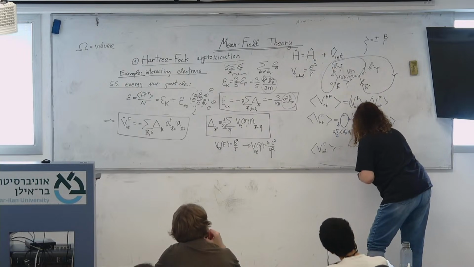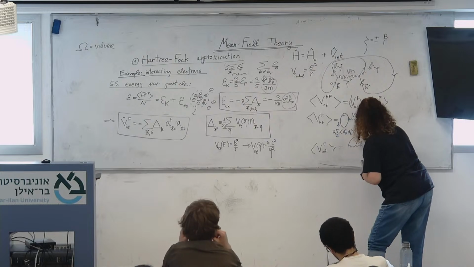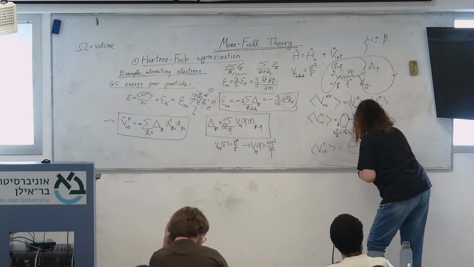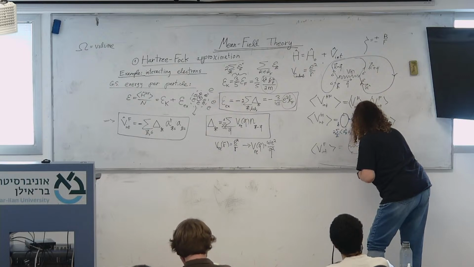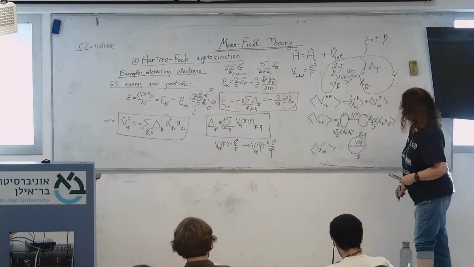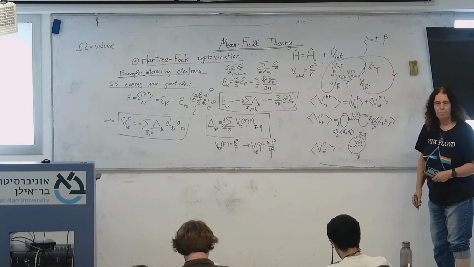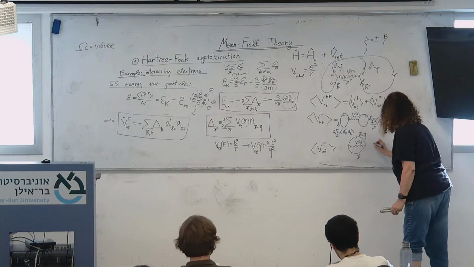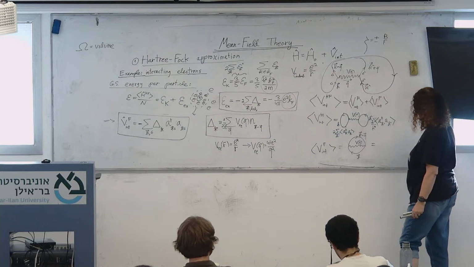There's a k, or a k minus q, and a k. Okay, that's the diagram. And what does it mean in terms of calculation?